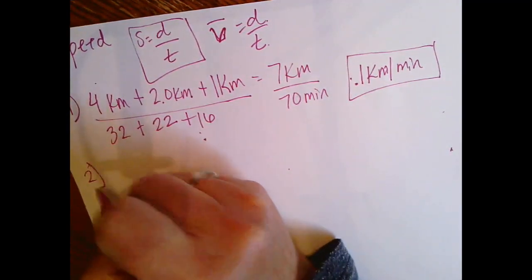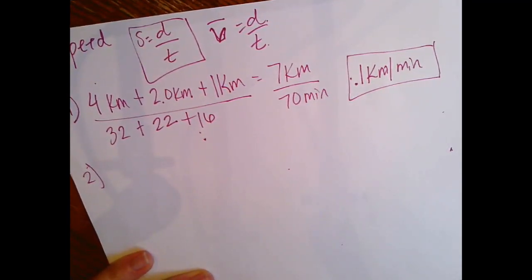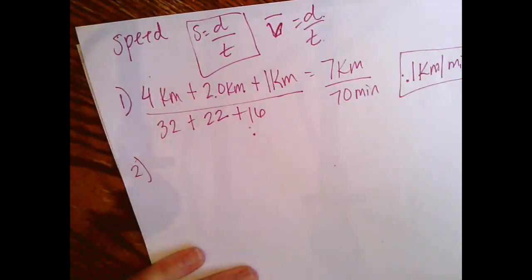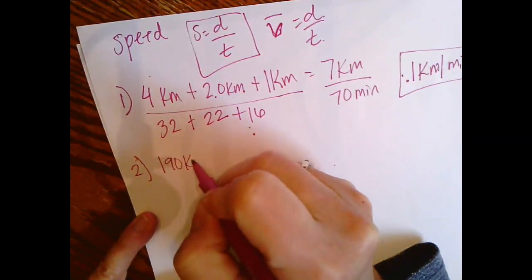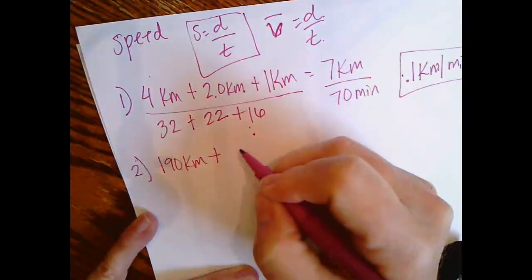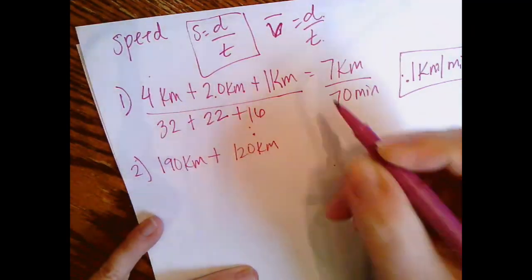All right. Number 2, the train travels 190 kilometers in 3 hours and then 120 kilometers in 2 hours. What's the average speed? They stopped and then they started up again. So average speed and speed are the same thing. Don't freak out. 190 kilometers plus 120 kilometers, okay?